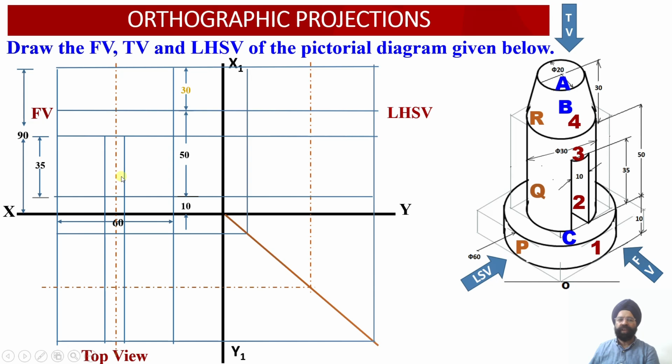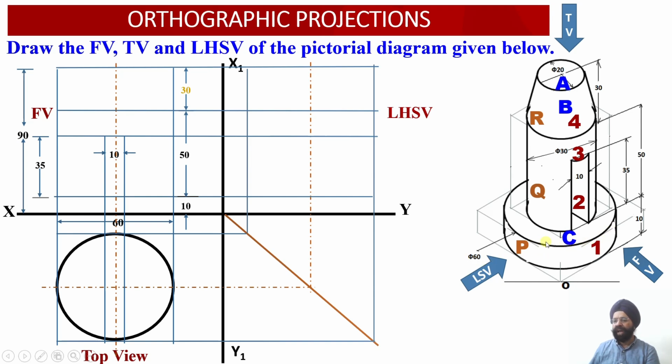Okay, so the rectangular slot true shape has been obtained, and the apparent shape of surface number 1 has also been obtained. Now the next thing is I need to draw the true shape corresponding to the bottom block over here. That is the outer diameter, which is equal to 60 millimeter.